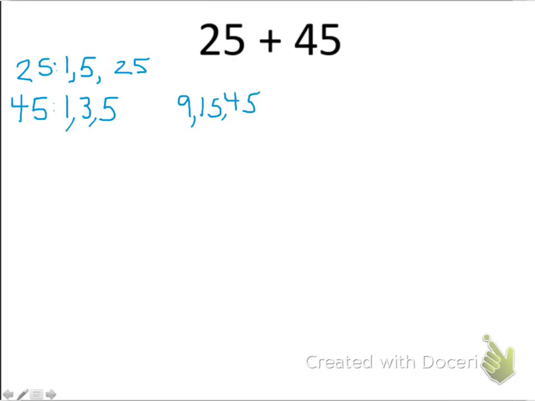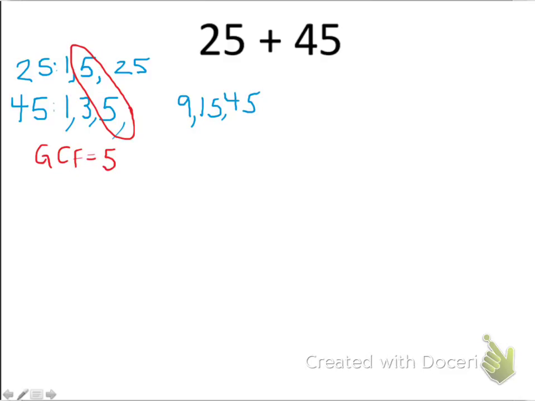It's not divisible by 7 or 8, and so we're done. Now I find their greatest common factor, and in this case it is 5. So my GCF is 5. If you want to do the other way where you do a factor tree, that's completely fine with me. It doesn't matter which way you want to do it as long as you do it. Just do it whichever way you're more comfortable.